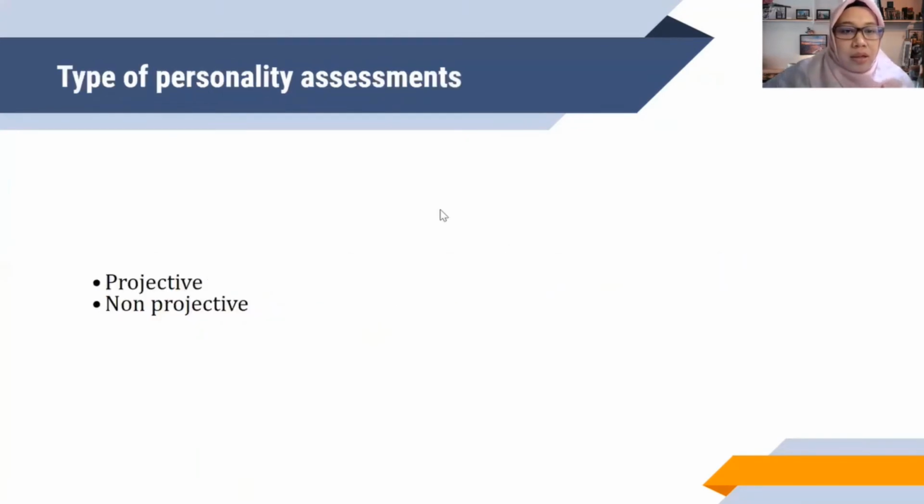Okay, we have two types of personality assessments. The first one is the projective techniques that we will discuss in this course, and the second one is non-projective, which uses a different kind of theory. That will be your main discussion topic in another course.